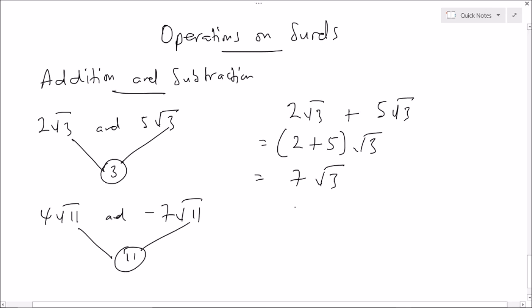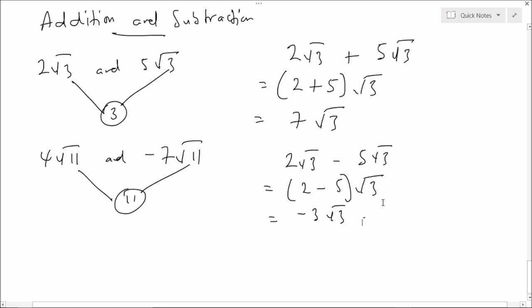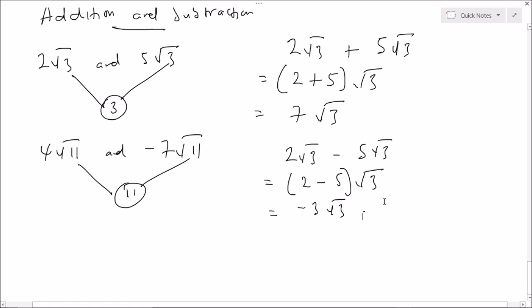We can also subtract 2 root 3 minus 5 root 3. This will give us 2 minus 5 root 3. Simplify this to get minus 3 root 3. So simply, you see that two sets can be added or subtracted if they are the same.